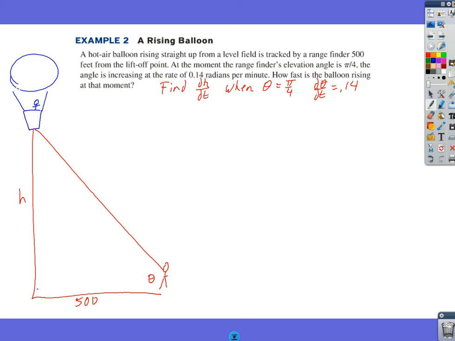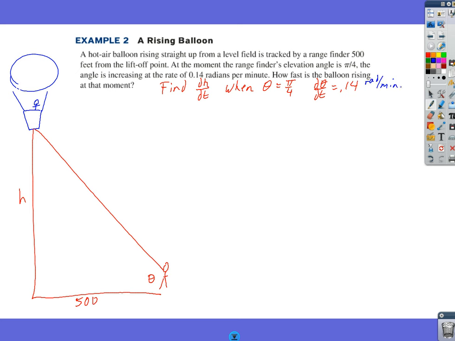How fast is the balloon rising at the moment? I need to find the change in h over the change in time, when theta is pi over 4, and the angle is increasing, so d theta/dt is a positive 0.14 radians per minute.